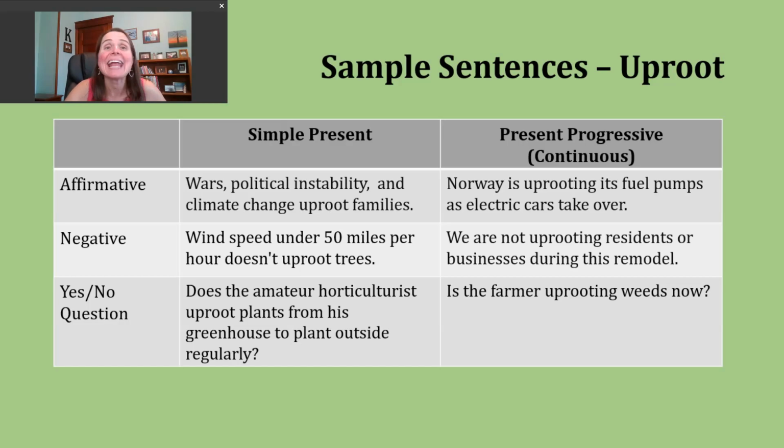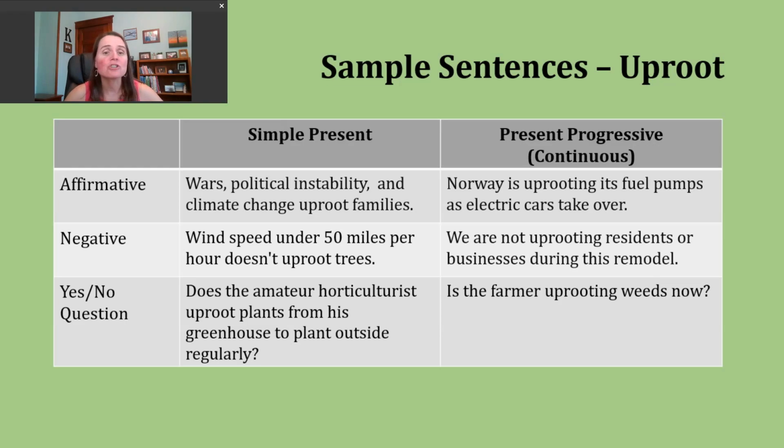Now, if you want to make a negative simple present sentence, then again, we're going to pay attention to our subject. If the subject is I, you, we, or they, we'll use do not and then the base verb. If your subject is he, she, or it, then you want to use does not and then the base verb. Here's another example.